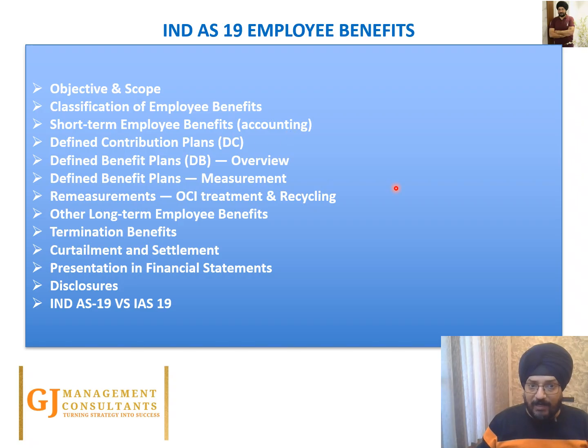Then we'll also have a look at defined benefit plans measurement, remeasurement through OCI treatment and recycling, other long-term employee benefits, termination benefit, what is the definition of curtailments and settlements, presentation in financial statements, and finally the disclosure in the financial statements. And then we'll quickly touch base upon the comparison between the IND AS 19 versus the IAS 19. So this is all that we're going to cover as a part of this presentation.